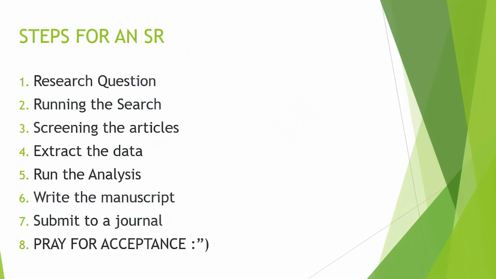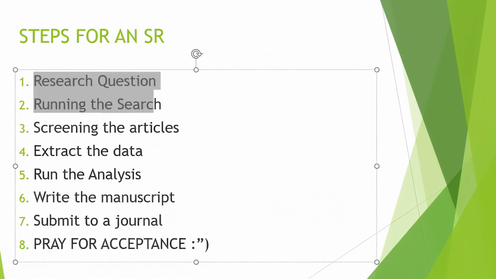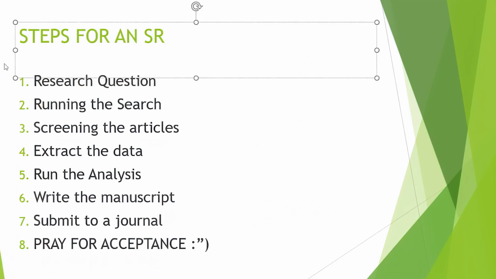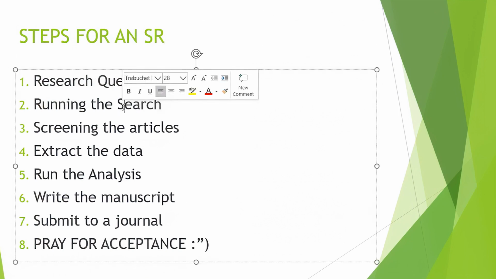Now, once you have selected that you want to do a systematic review, what are the steps that you must follow for it to be completed? The first thing is that you have to make the research question. A research question is basically the topic or the title of your meta-analysis or systematic review. Then you have to run the search. As you know, for meta-analysis, you need to run searches on the whole databases.